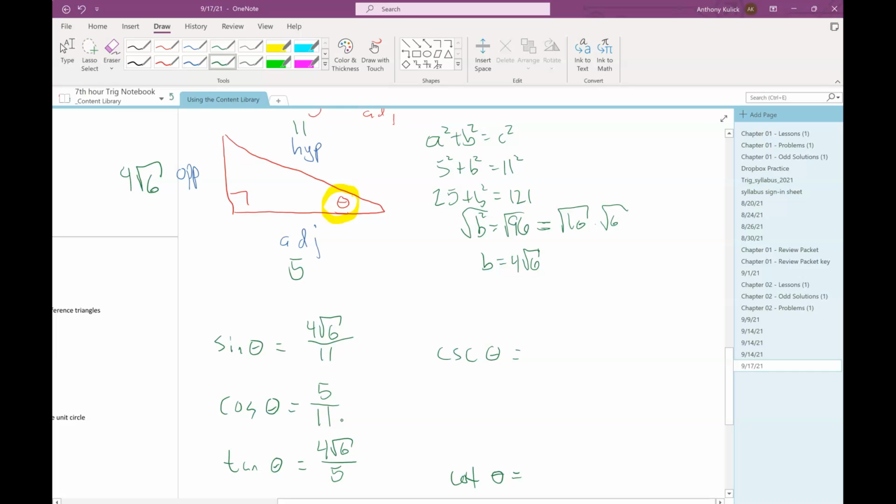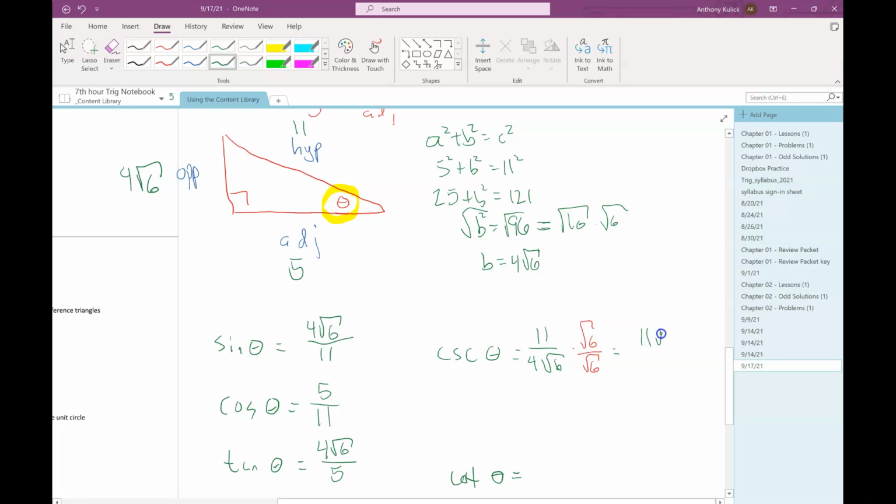Cosecant is the reciprocal of sine, so that's 11 over 4 root 6, or you could think about it as hypotenuse over opposite. But I don't want to leave my final answer like that because we have that radical in the denominator. So I'll just multiply the top and bottom by root 6.